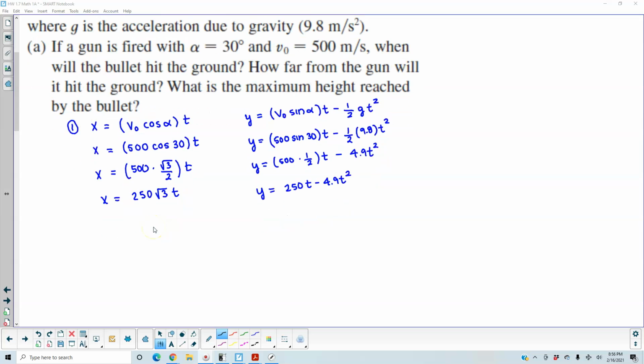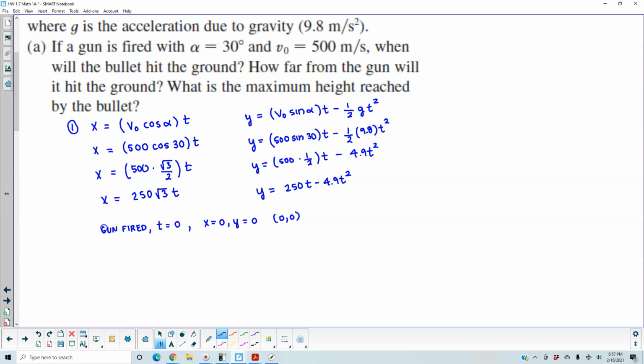So now there's a few things that we need to know. When the gun is fired, we know that at time t equal to 0, x is going to equal 0 and y is equal to 0. So that means we have an ordered pair of 0, 0.